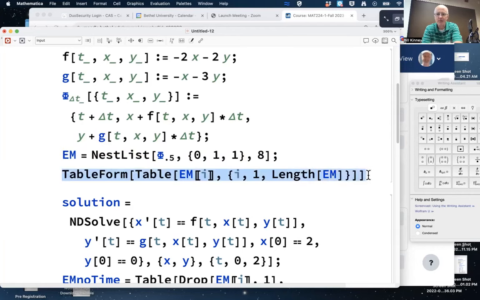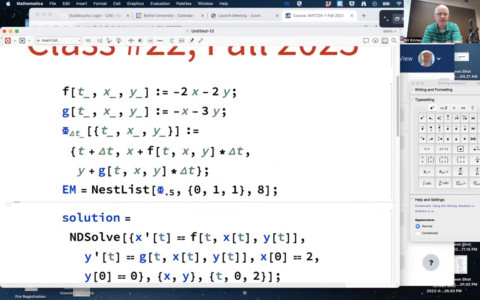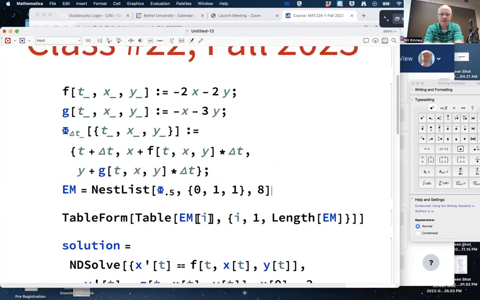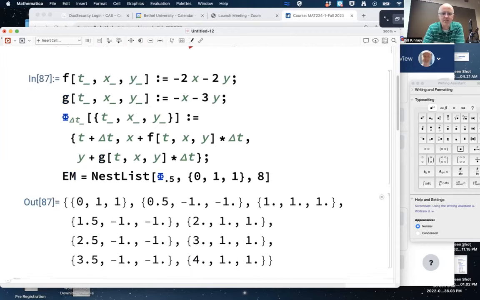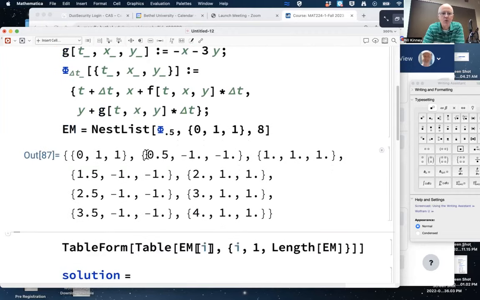If I don't have this TableForm code here, and I get rid of the semicolon, I will see a list of points out. The first coordinate keeps going up by 0.5, from 0 to 0.5 to 1 to 1.5 to 2 to 2.5, etc. And yeah, for this example, the x and y coordinates keep bouncing back and forth between 1, 1 and -1, -1. But if I pick a smaller value of delta t, it should work better.